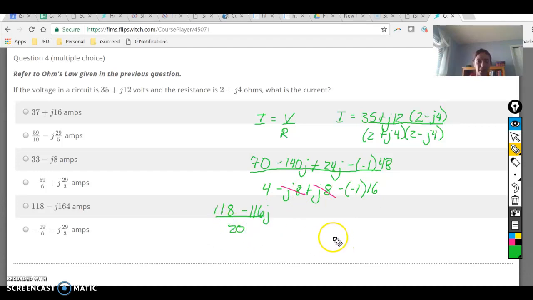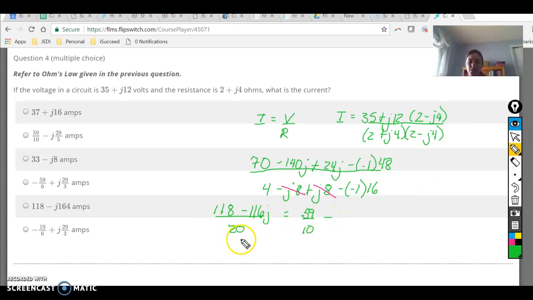Okay, and now I can start reducing. When I reduce, I can see that 118 and 20 are both divisible by 2. So when I do that, I get 59 over 10.